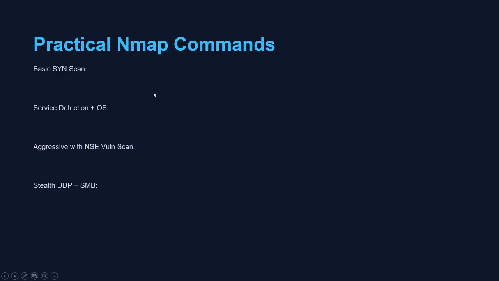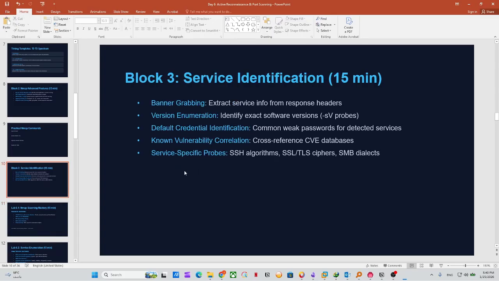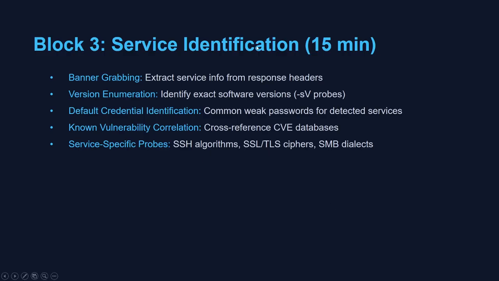So practical Nmap commands, we have basic scan, which is very easy. Service detection and OS is also straightforward, and it's not showing the commands here, but it's okay. We can recreate it by ourselves. So the service identification, it's going to extract service info from response headers.